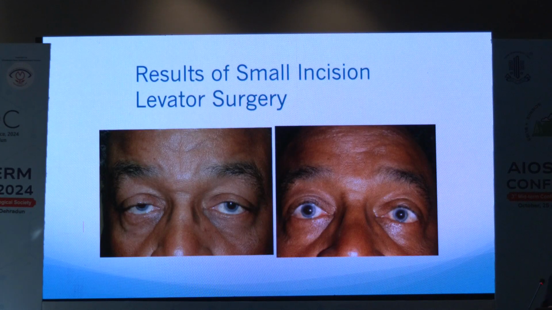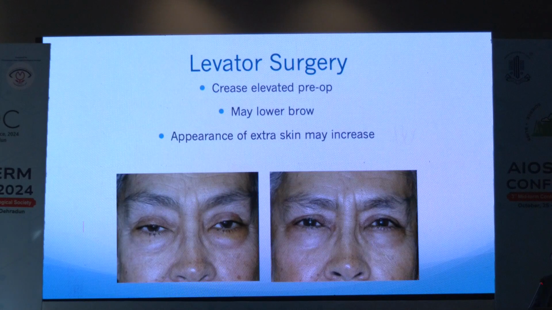As you all know, some patients will complain if you don't take any skin out. They will get some advancement of the dermatochalasis as you lift the lid. The skin comes down, so be cognizant of that and warn patients. For example, in this patient here, the patient was happy with the lid level but complained about extra skin.